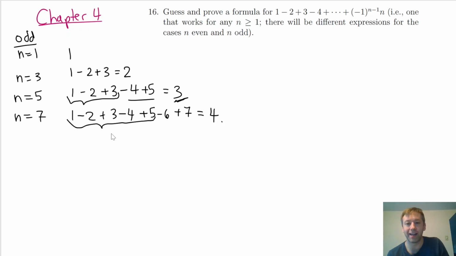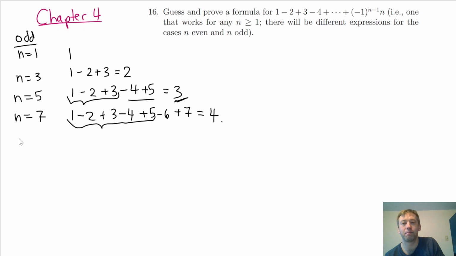So I'm guessing that for odd n, the answer is going to be like, well, whatever this kind of tracks as. So it's basically like n plus 1 over 2.